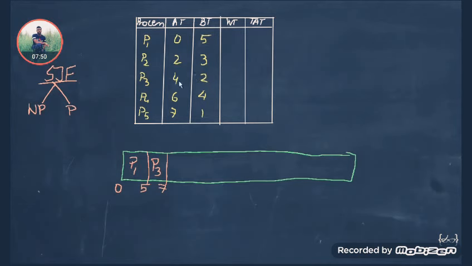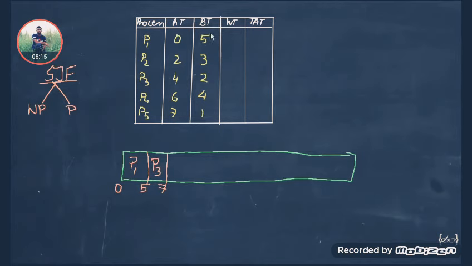Alright, so now within 7 seconds, all the processes have arrived. P4 and P5 have also arrived within 7 seconds, because the arrival time of this is 7 and the arrival time of this is 6. So while the CPU was executing P3, these two processes arrived. Now we can take these two into account as well.